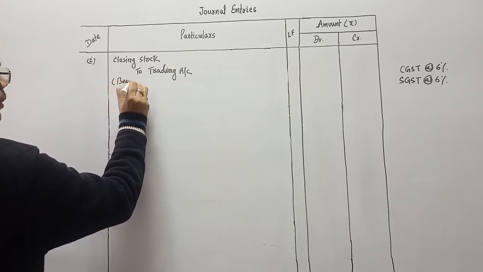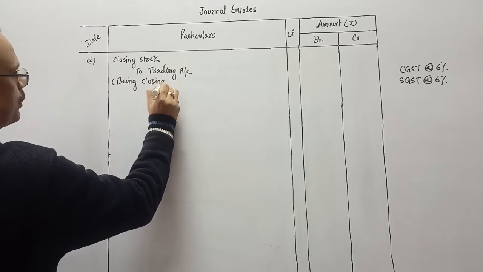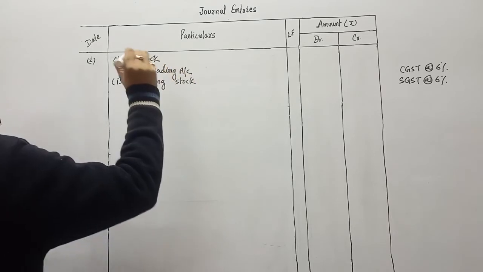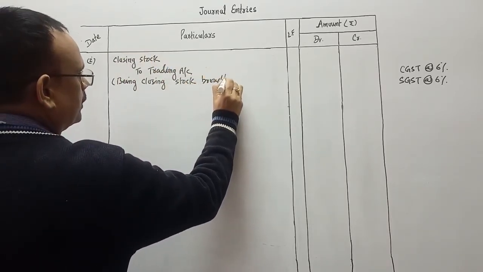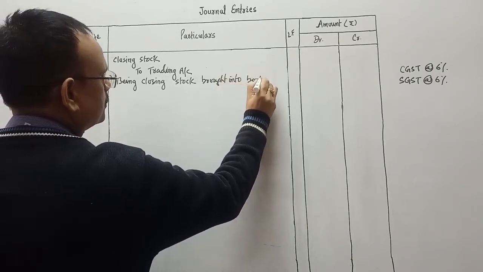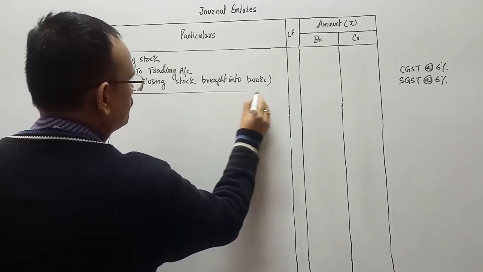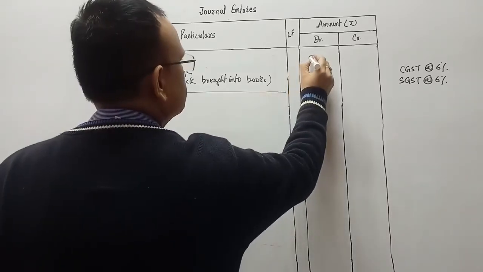Being closing stock brought into books. So information of closing stock is 80,000.